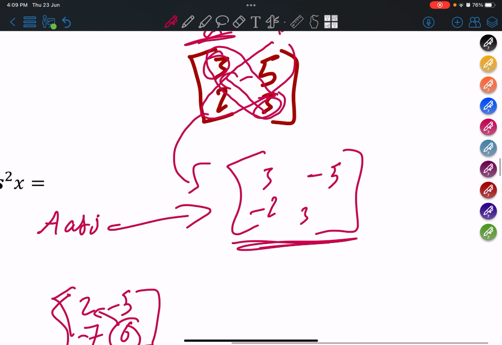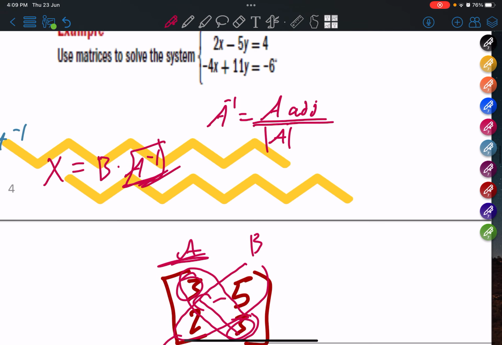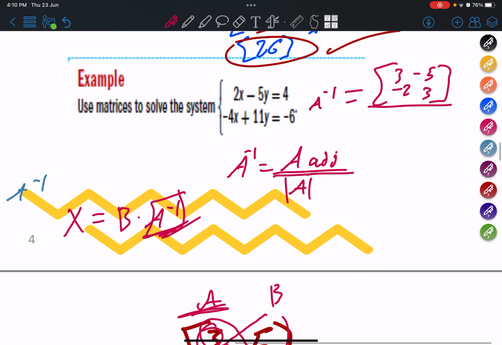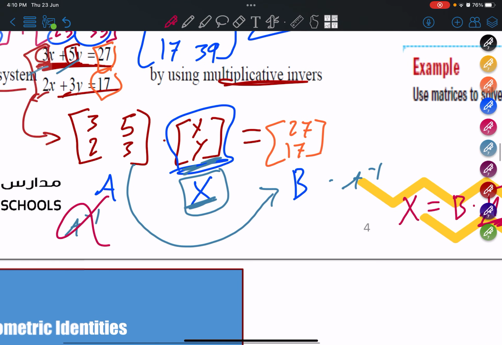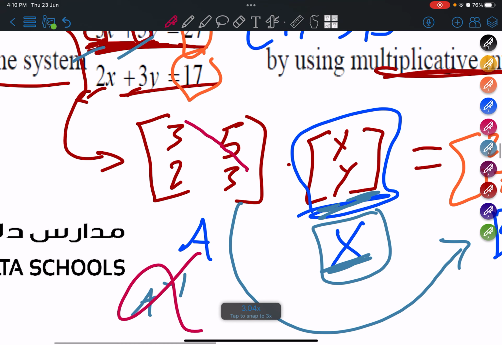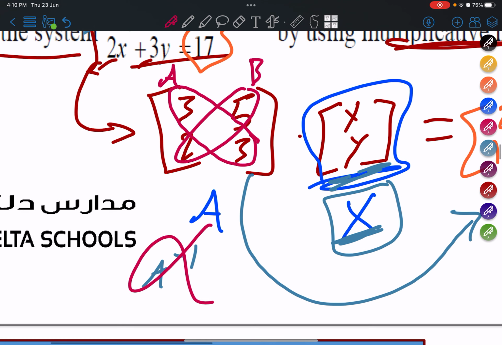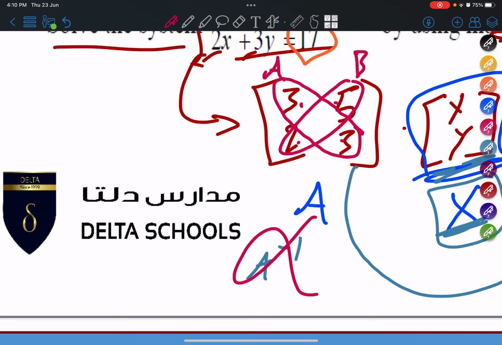So let's write this matrix, which is 3, negative 5, negative 2, 3. So here, A inverse is going to equal 3, negative 5, negative 2, 3, divided by the determinant of A. We'll do the same thing: we'll label this diagonal as A and this diagonal as B. So we will multiply 3 times 3 and then subtract 2 times 5.